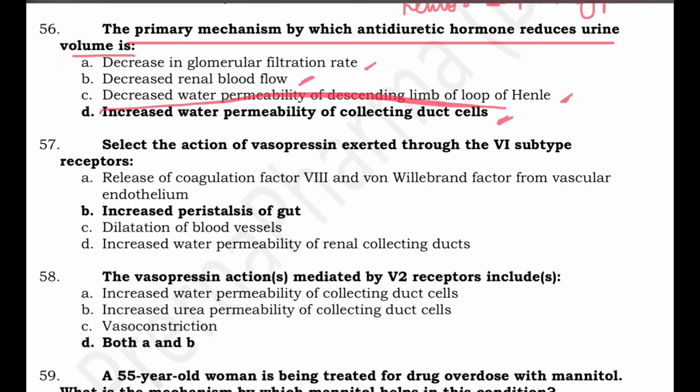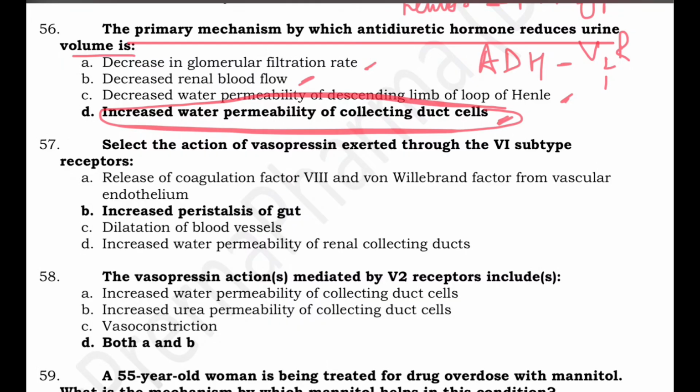We should all know that the main action of ADH is that it binds to the V2 receptors which are present on the basolateral membrane of the principal cells in the collecting duct. It increases the number of aquaporin channels in the apical membrane and increases water reabsorption, and this causes the fall in the urine volume.